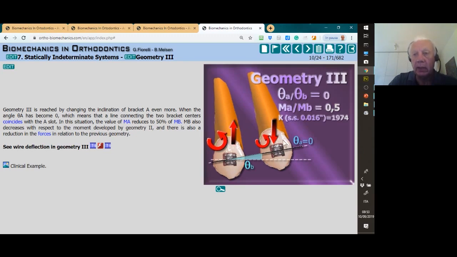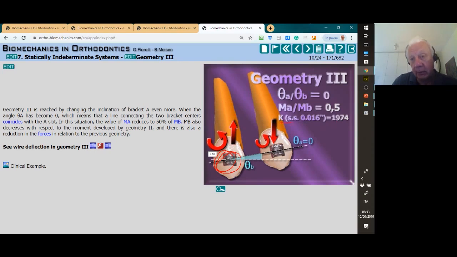Here we see that we have no angle in geometry 3. Here we see that the moment is 50% of this one. Okay? Remember that the moment on this side is always reducing, going from geometry 1 to 6.